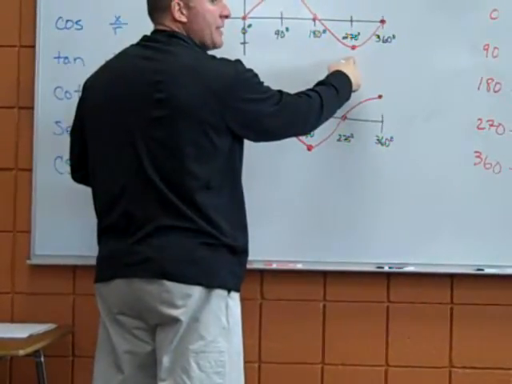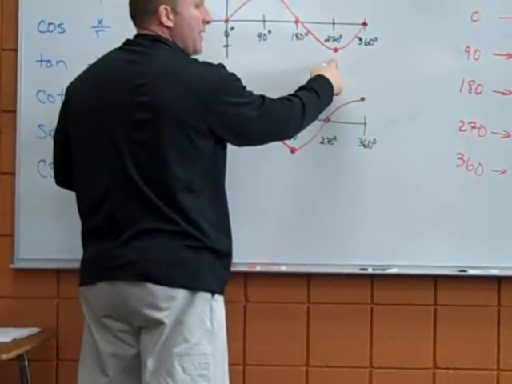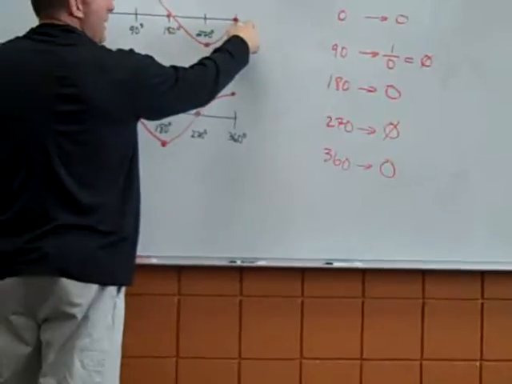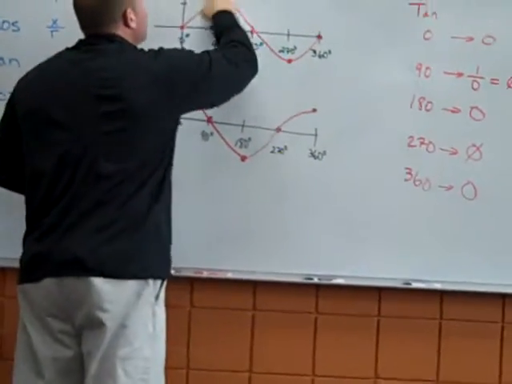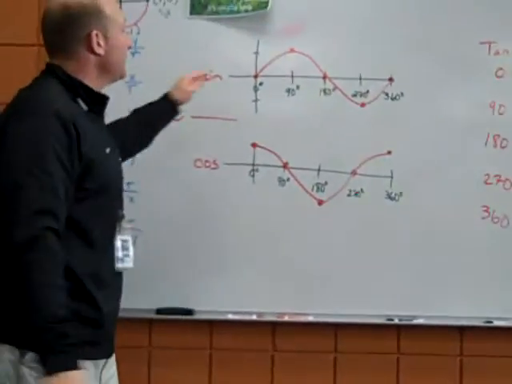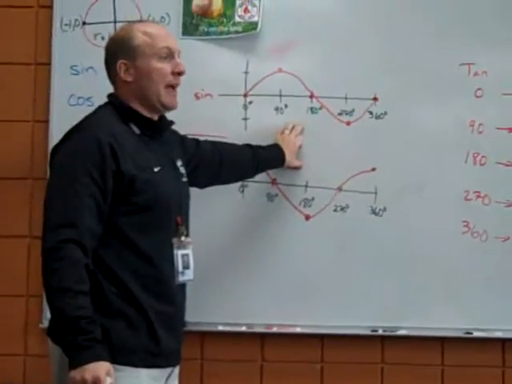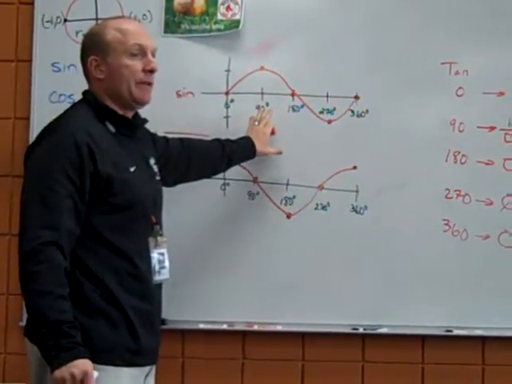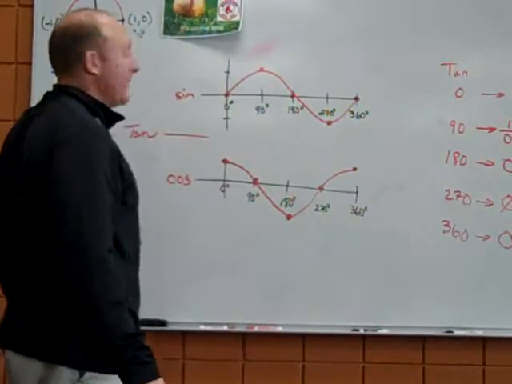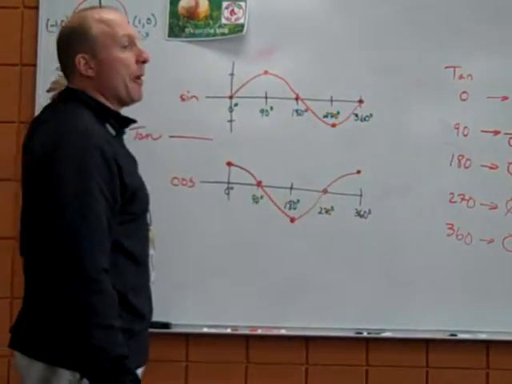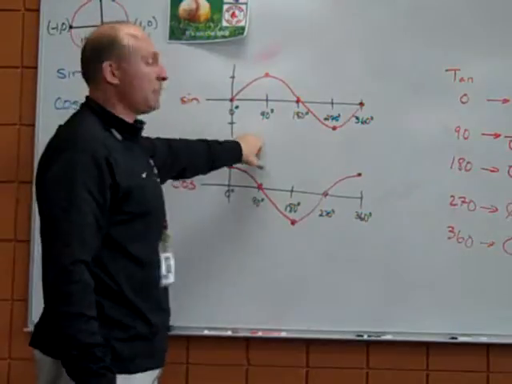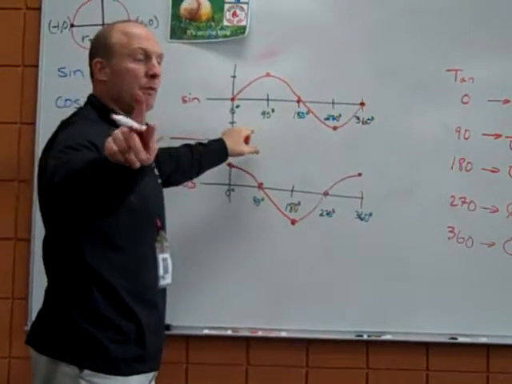Undefined. Negative 1. Undefined. Now, those of you who like this because it's quick and easy, other people like this, you need to know both in the future. This won't be for a long time.